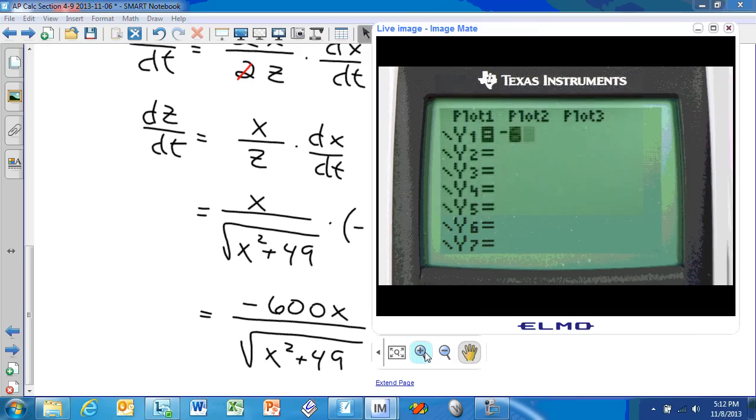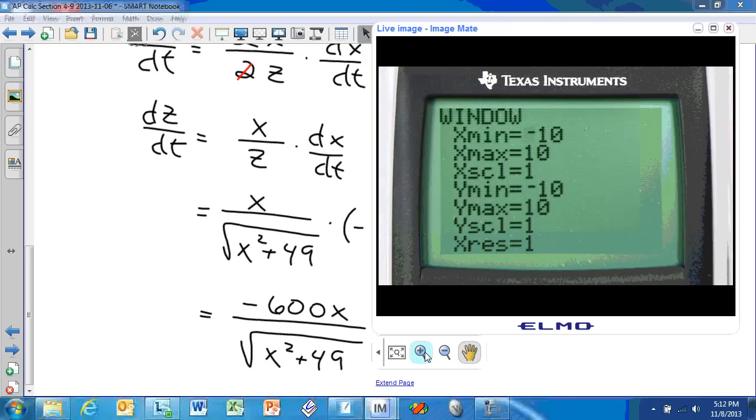It was negative 600 x divided by the square root of x squared plus 49. And for our window, again, x is measuring the horizontal distance that we are from the plane. So I'm going to go negative 20 to positive 20 for this graph. And I'll put a scale of 5 in here.